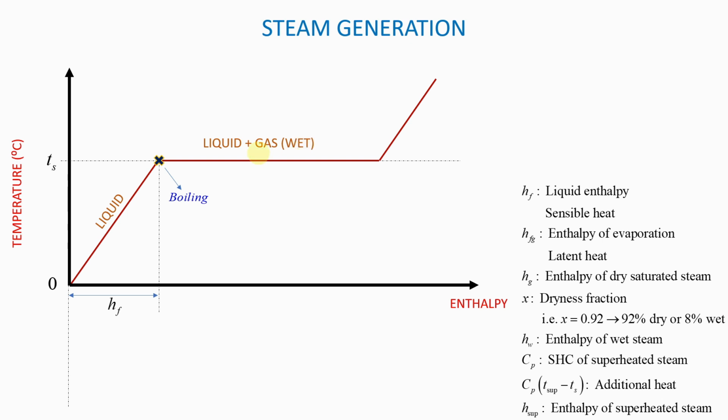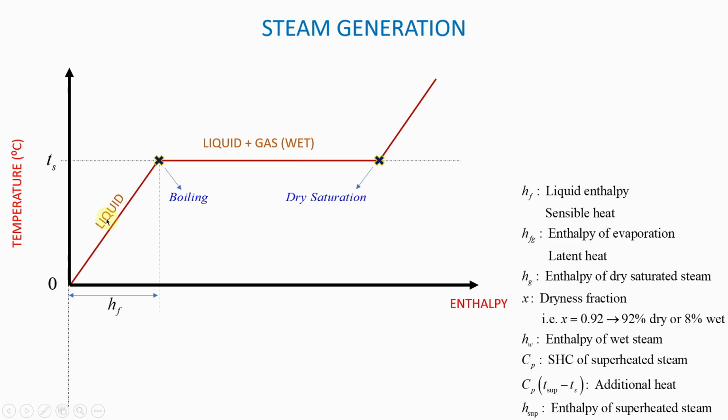And that will continue to happen until you no longer have any liquid in your pot, because if you continue to add heat, eventually all the liquid that was there will become gas. And so when that point is reached, this is what we call dry saturation. The dry saturation point is the point where you no longer have any liquid, but all the liquid has been turned into gas.